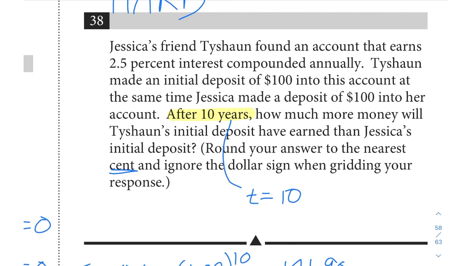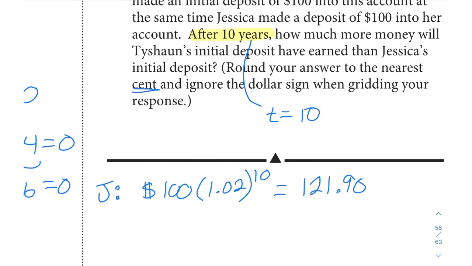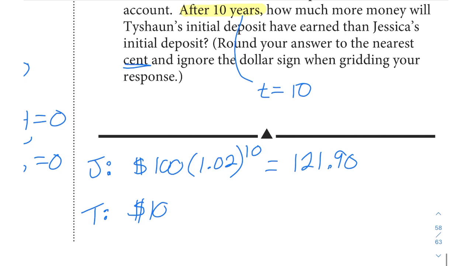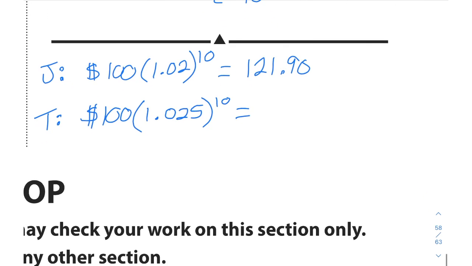And then her friend Tyshawn has an account that earns a little bit more interest. So it's going to be a similar equation, except instead of just adding the 2% to 100, we're adding 2.5. So it's still the same starting amount, but this would be 102.5, or 1.025 in decimal form, to the 10th for Tyshawn.